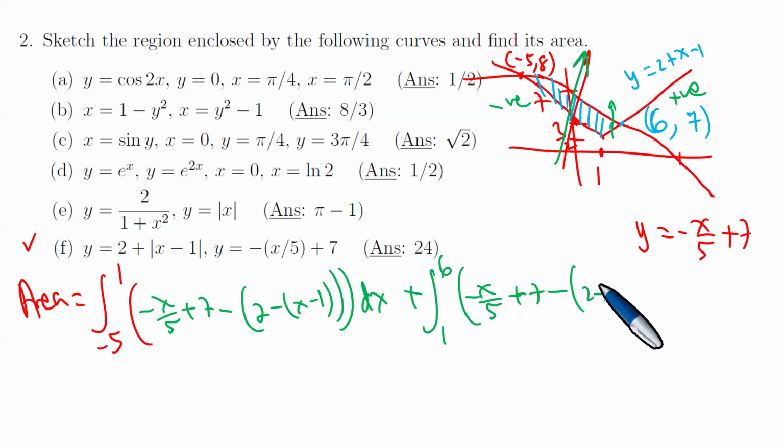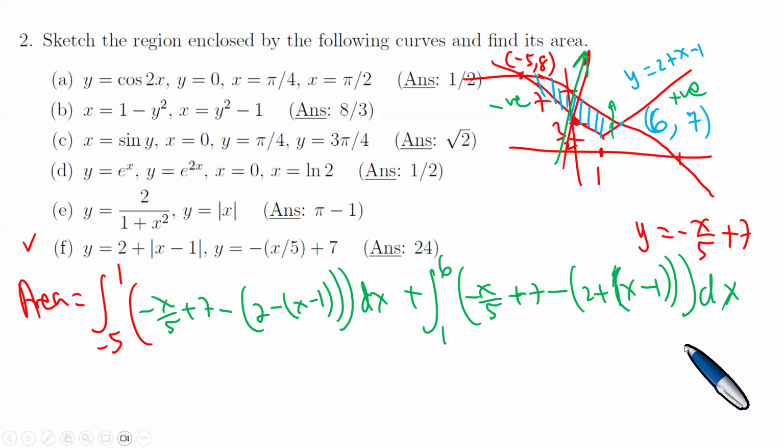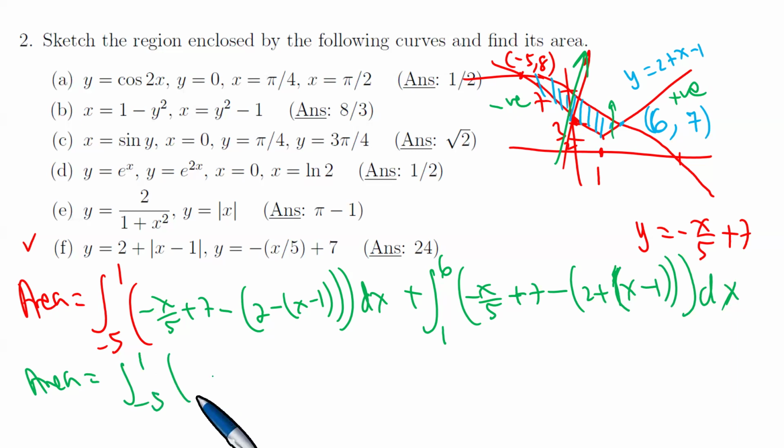Which means that you have 2 plus, put a round parenthesis, and then you have x minus 1, like that. Yeah. So the upper curve is going to be the straight line, then the lower curve is going to be the absolute value function, then dx, like so. Okay, take a look at this and think. Right, so the area, minus 5 to 1.